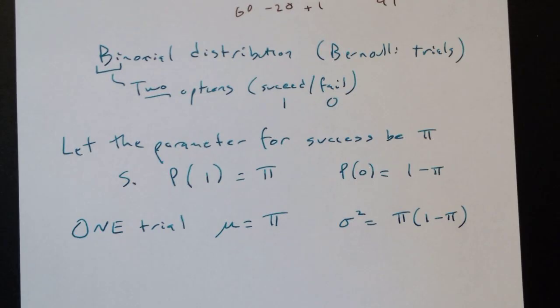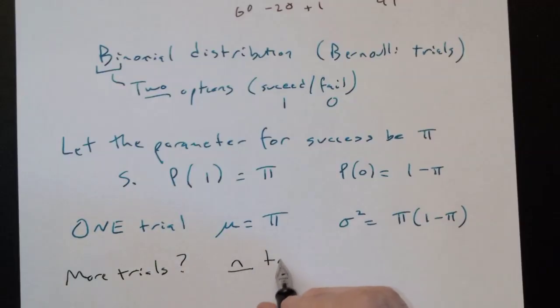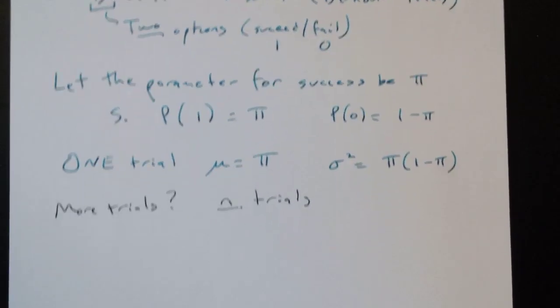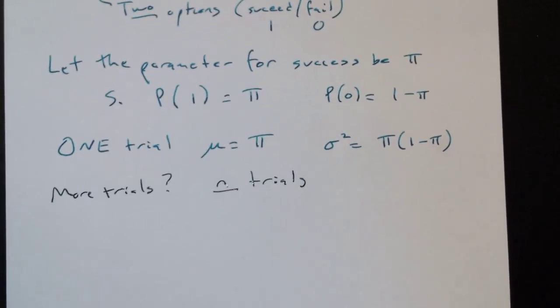Again, I can calculate this explicitly. Calculation takes me about half a page. So I thought I'd just give you this piece of information. But I want to do this more than once. Let's let n represent the number of trials. And now what I want to ask about is not the probability distribution just of x, of succeeding or failing.